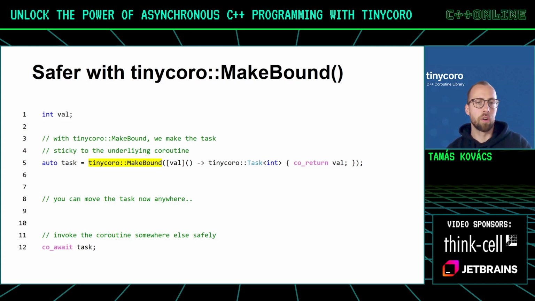You can also use your lambda function with the capture list. It's not an issue anymore. You have to be aware that the value still needs to exist, but this is pretty trivial stuff anyway in lambda functions. But the task is always going to have access to the underlying lambda function.